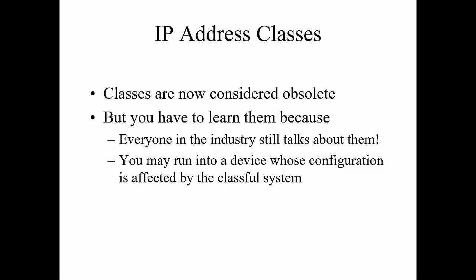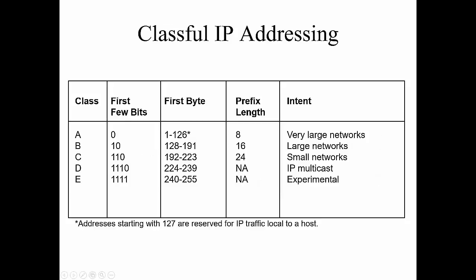And sometimes you may run into classful address schemes for businesses. I ran into them a few times. So you have to kind of know what they are. That's Class A, Class B, Class C, and how all that works. So our next slide will give us a nice diagram for that.